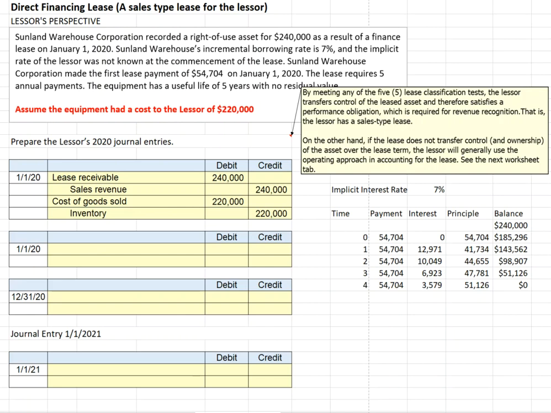The first payment on the lease is due at the time of signing, so the lessor will receive $54,704 in cash, and every time we receive that amount of cash, we reduce the lease receivable by the amount of the payment.